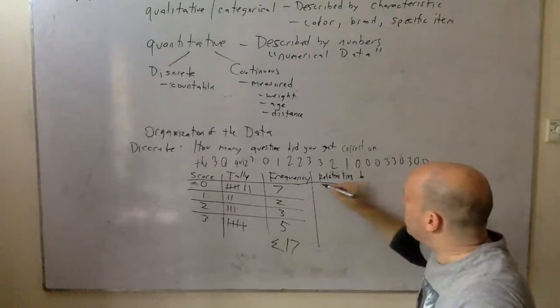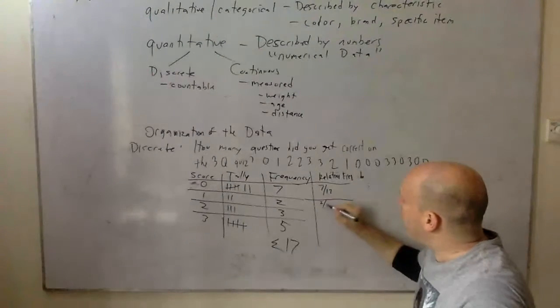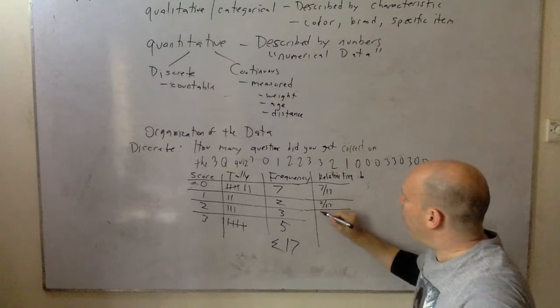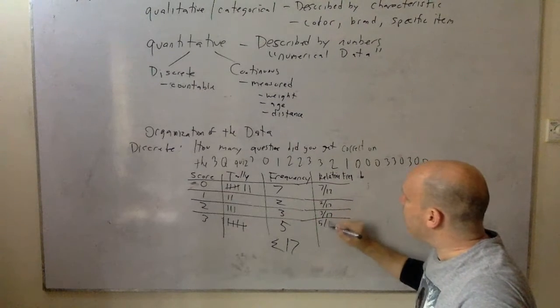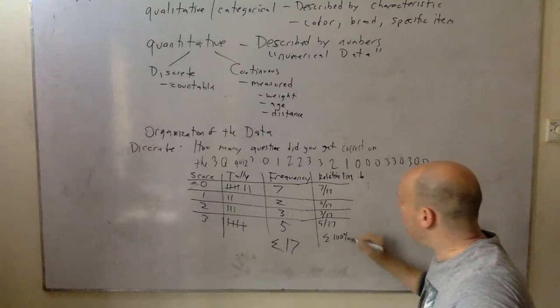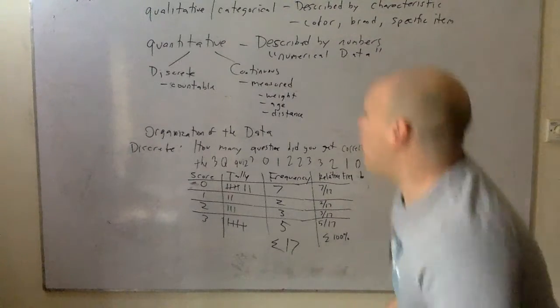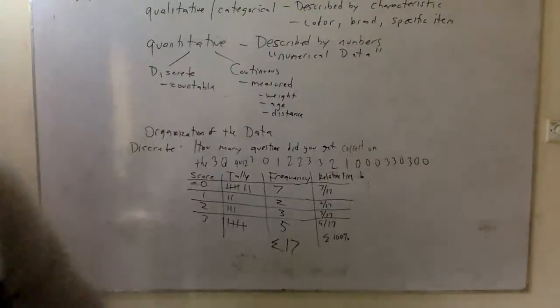It's very simple: 7 out of 17, 2 out of 17, 3 out of 17, and 5 out of 17. If you add these up, you'll get 100%. That's how we organize the data in a chart.